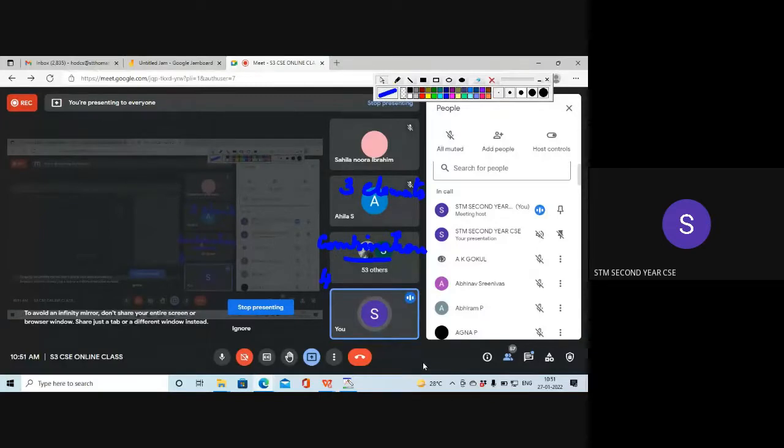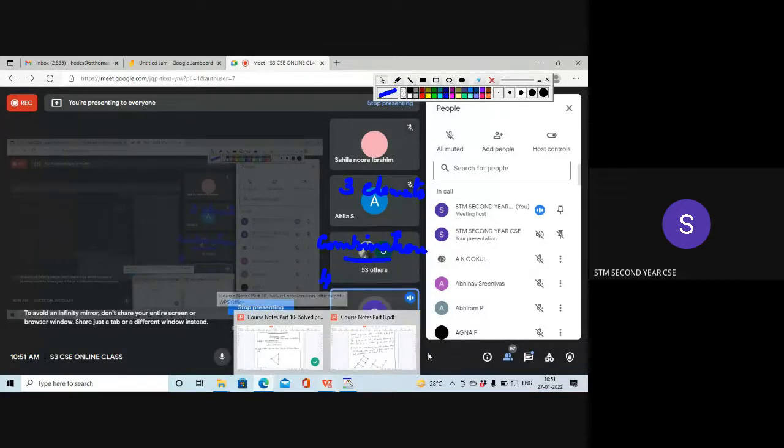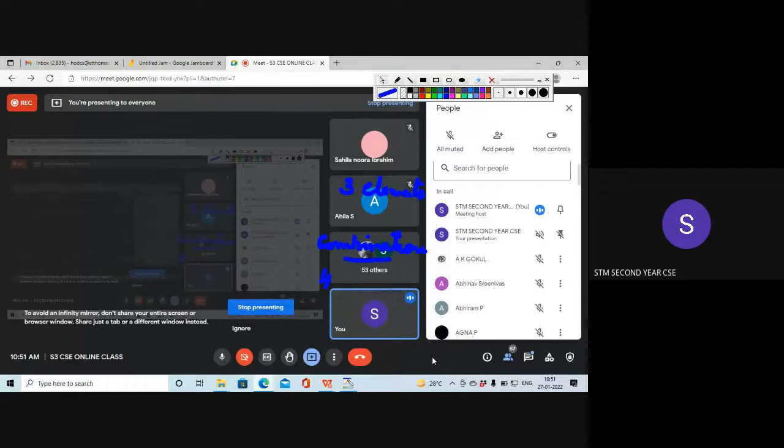Nobody is answering now. What are the different combinations that I can get from four elements taken three at a time? Yes, 4C3. Find the value of 4C3. Very good, Niharika. What is the value of 4C3?